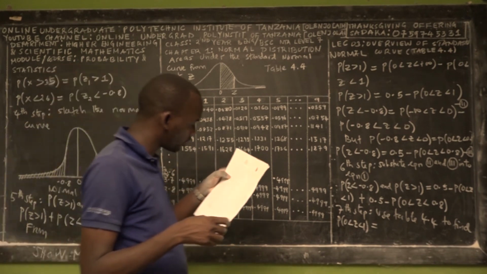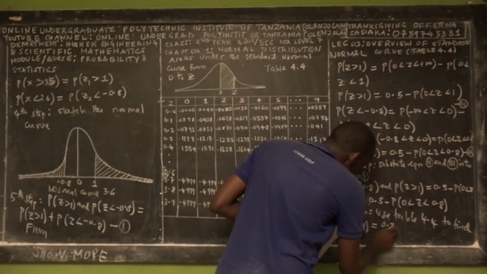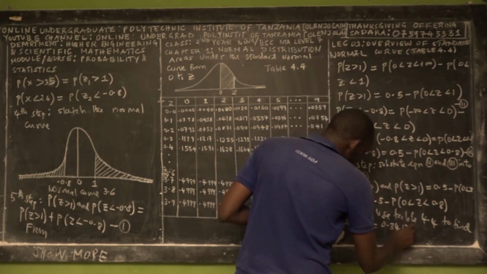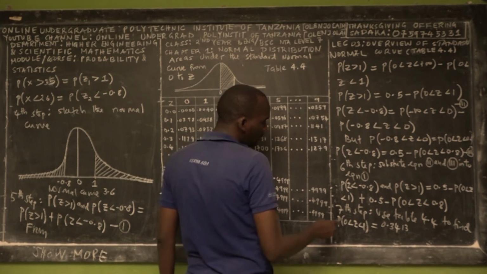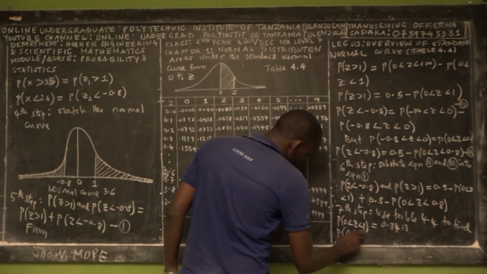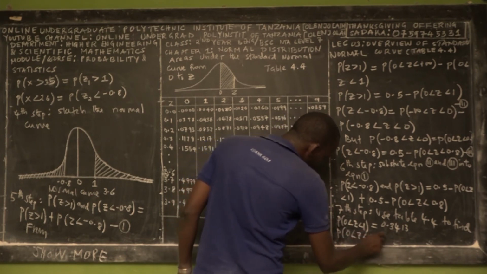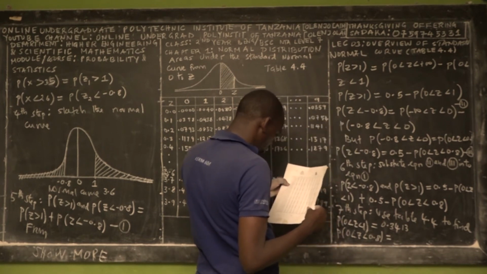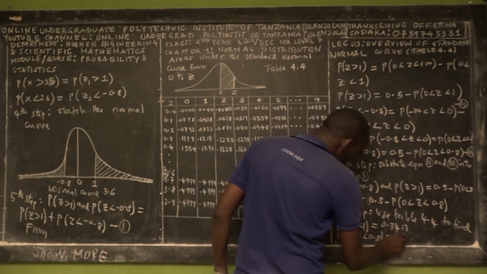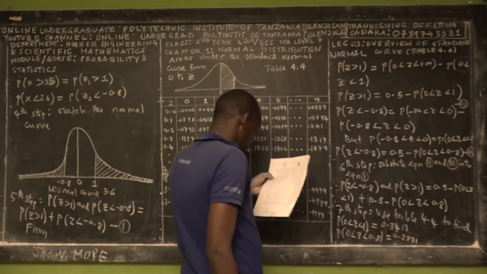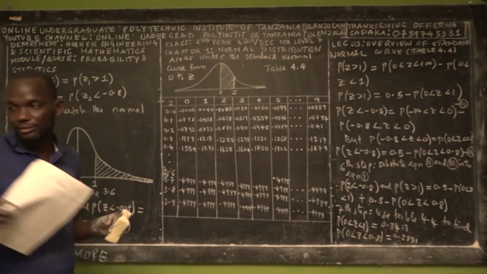So the probability is 0.3413. Then use table 4.4 to find also the probability of 0 less than z less than 0.8. This is 0.2881.